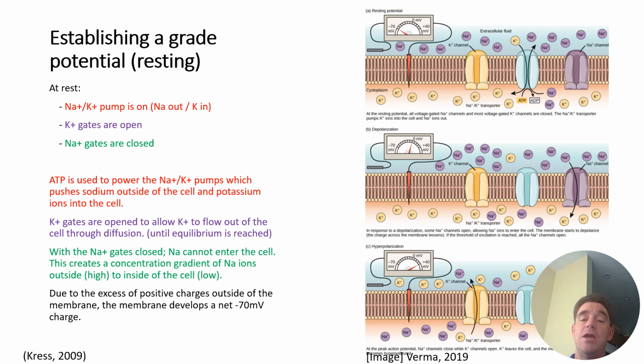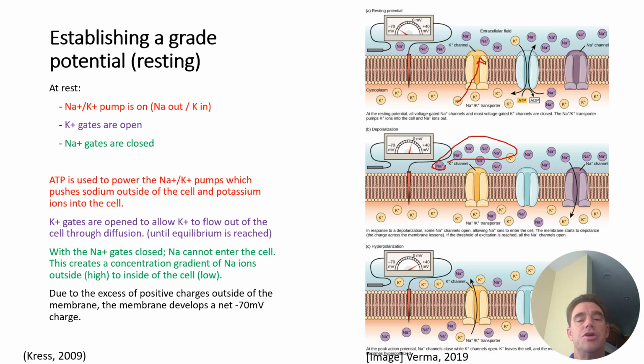Sodium gates are going to be closed, so all that sodium getting piled up outside, all these purple ions here, are going to get trapped in this extracellular matrix. Meanwhile, potassium gets pumped inside, and we're going to open up that potassium gate to allow these potassium ions to naturally flow out. You can see them color-coded here.